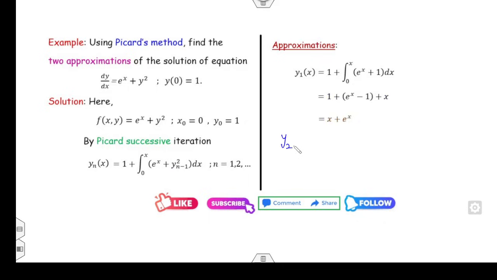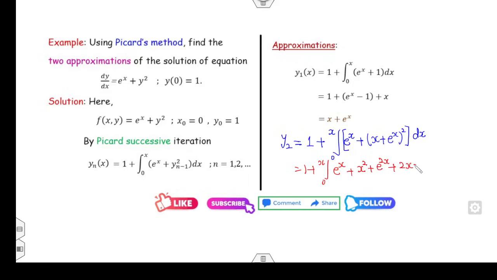You can start with y2. y2 is 1 plus e raised to power x plus 1x plus e raised to power x whole square. Fine. Now you can open this bracket. 1 plus integration from 0 to x, a square plus b square plus 2ab, fine, into dx.